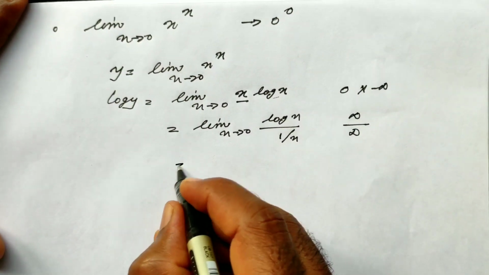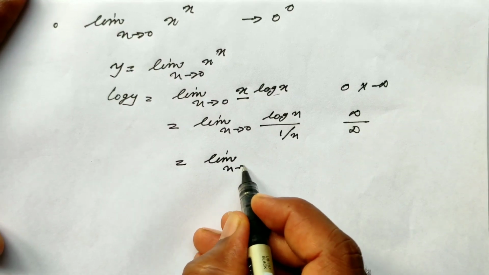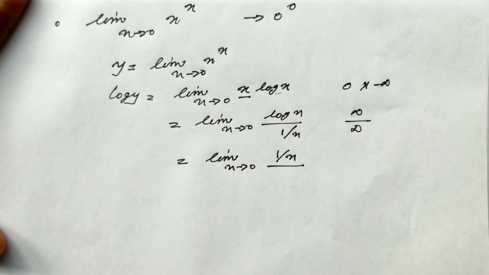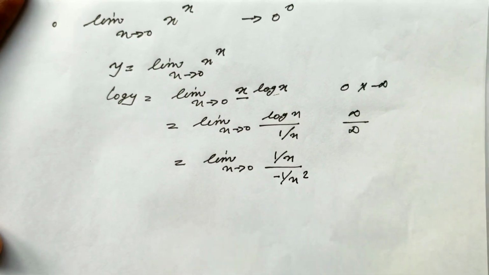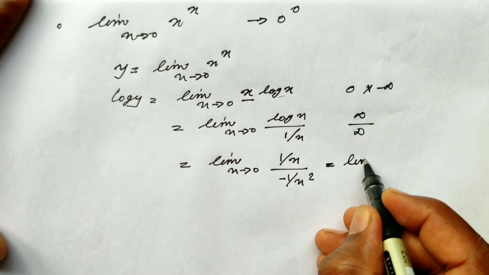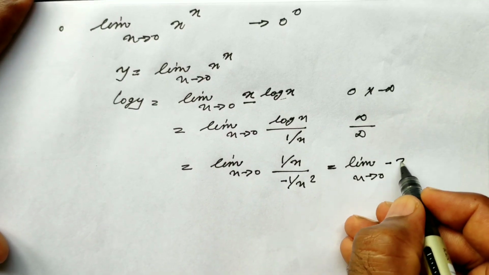So let's take the derivative of the numerator and the denominator separately, that is limit x tends to 0. Derivative of log x is 1 by x and derivative of 1 by x is minus 1 by x square, and it is equal to limit x tends to 0 minus x.